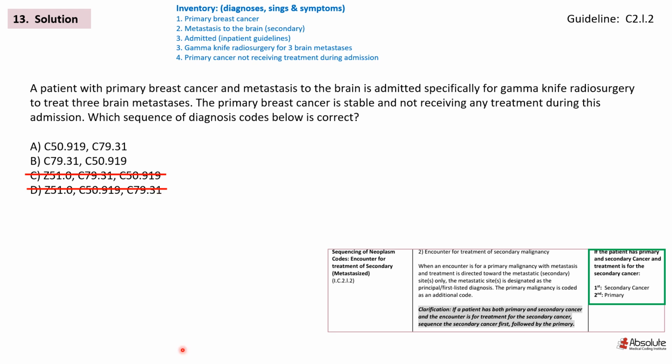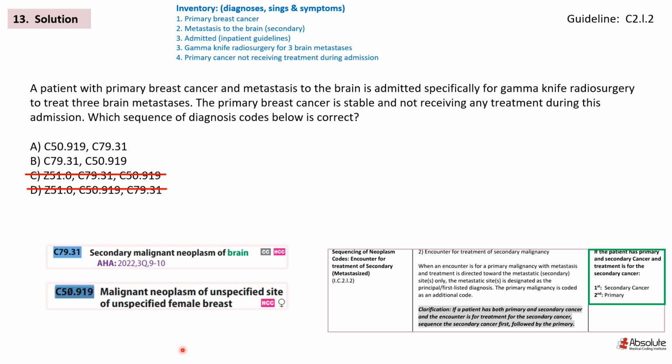But let's do our due diligence and look at C79.31, which is secondary malignant neoplasm of the brain, and C50.919, which is malignant neoplasm of unspecified site of unspecified female breast. Our guideline here states that whichever site is getting treated is going to be your first listed code.